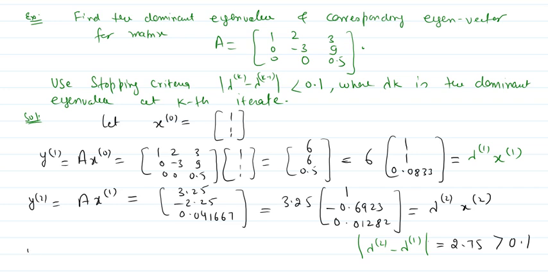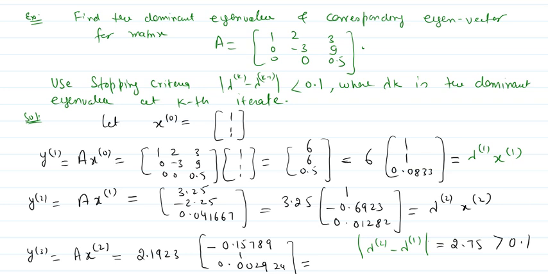So write y3, that comes out A x2, and that answer is 2.1923, minus 0.15789, 1 and 0.002924.